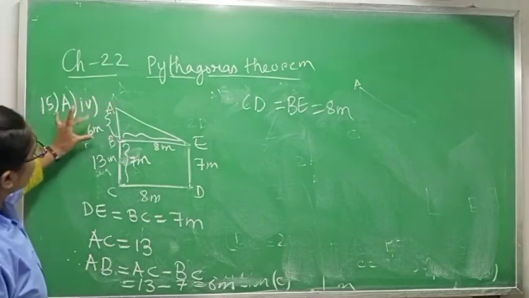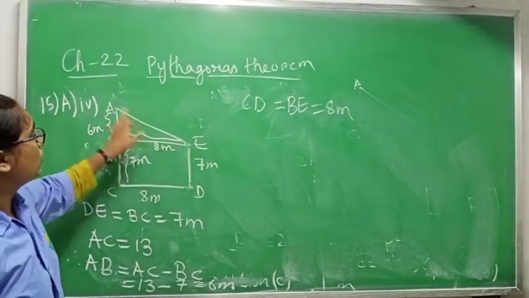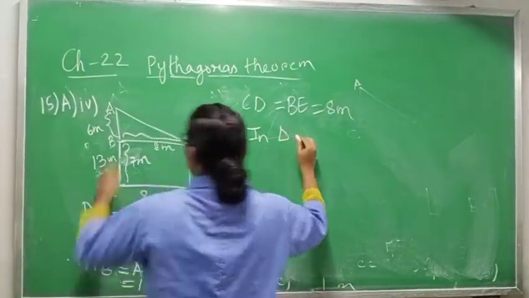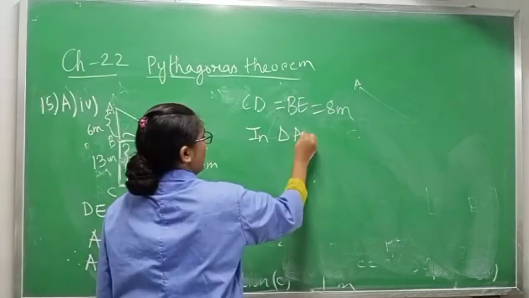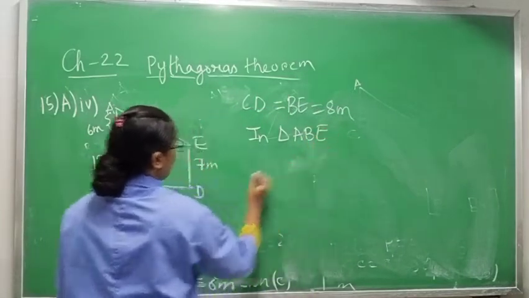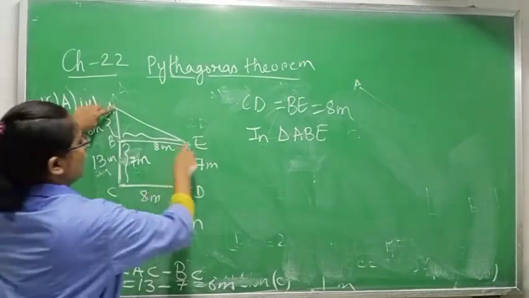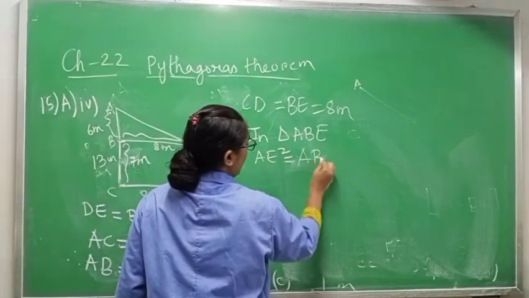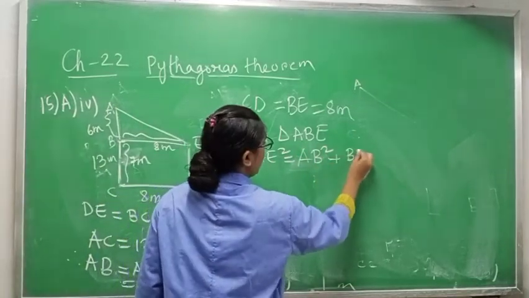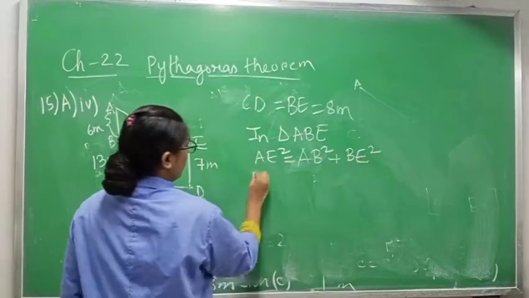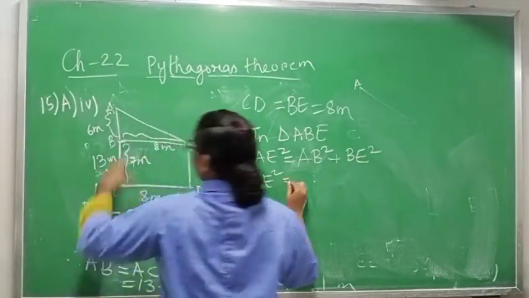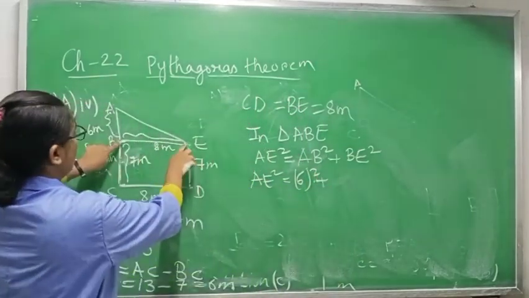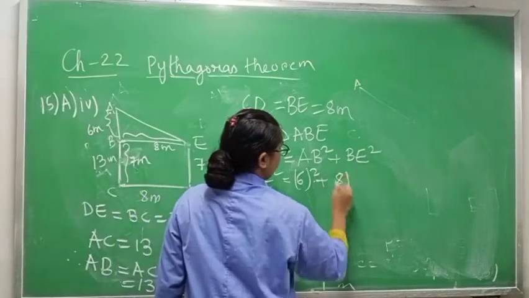So we know this one AB is 6 meter, BE is 8 meter. You can find AE. How you find? In triangle ABE using Pythagoras theorem. Okay. So which one will be hypotenuse? AE square equals AB square plus BE square. Okay. So AE you don't know. AB is 6 square and BE is 8 square.